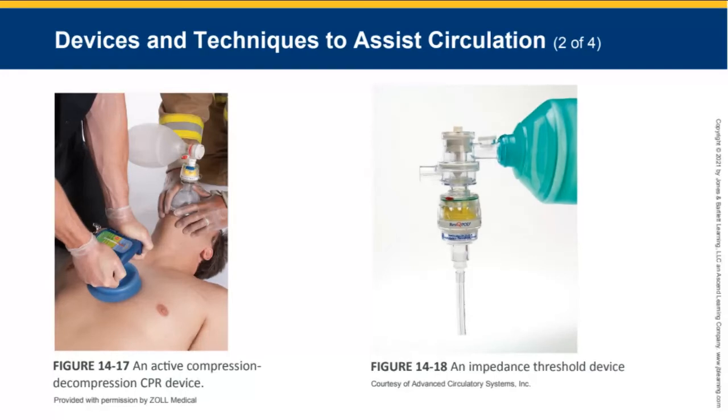So it's like a suction on the chest, and you push down and then pull. So it's active compression and decompression. And on the right is the impedance threshold that monitors the air flowing in and out of the patient.